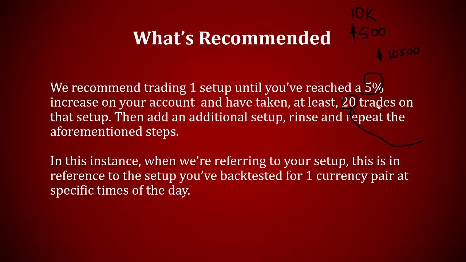So if you're at 20 trades and you're not at 5% from 10,500, which would be 11,050, then you keep going until you hit 20 trades and you're at 11,050 or better. As soon as you hit 11,050, then whatever else you've backtested, you can add to that. And whatever that balance is at that point, in order to add another setup, you want to be 5% greater than that, and at least 20 trades on that new trade.